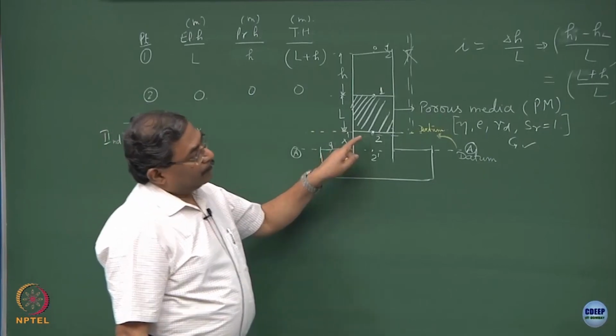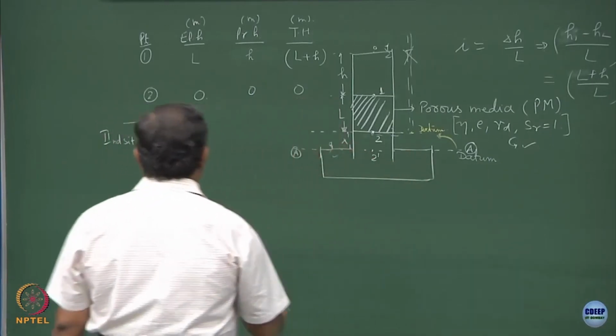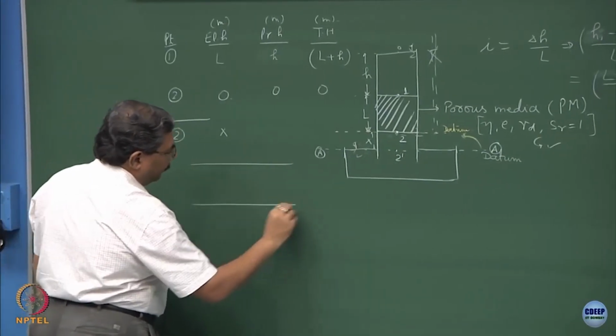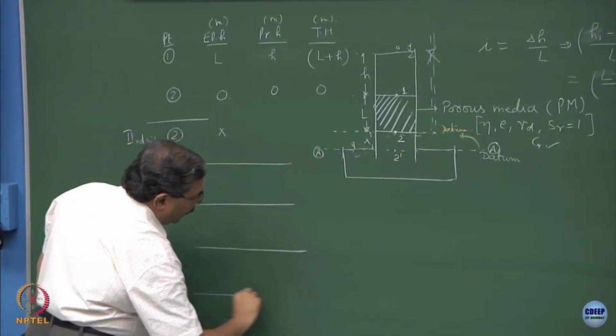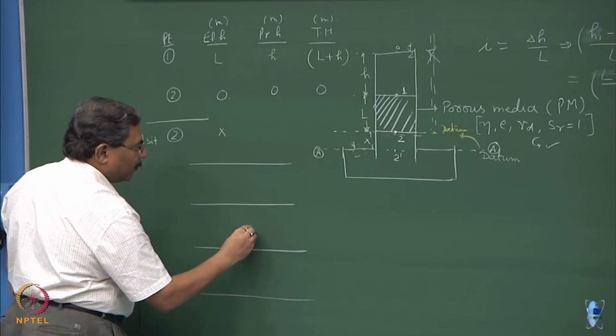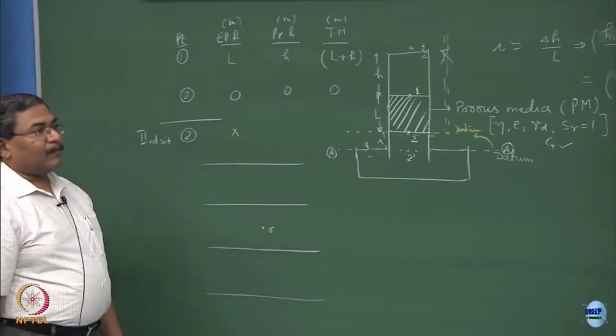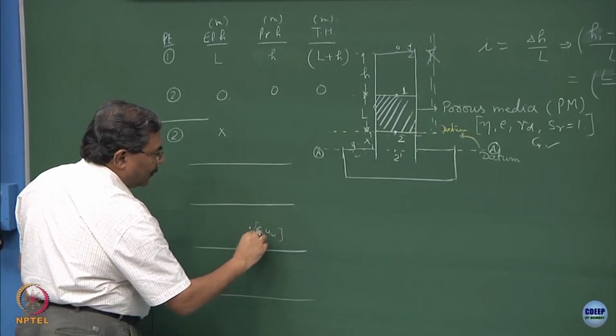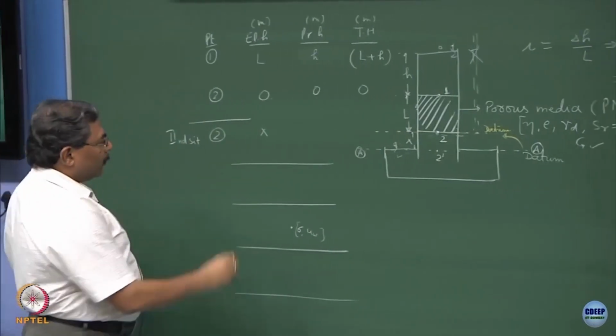Now, those of you who are confusing this with the situation which we have been dealing with in the past, when we were considering different types of layered systems, and I had asked you to find out the state of stress at this point and find out the UW, and suppose the water table is up here.